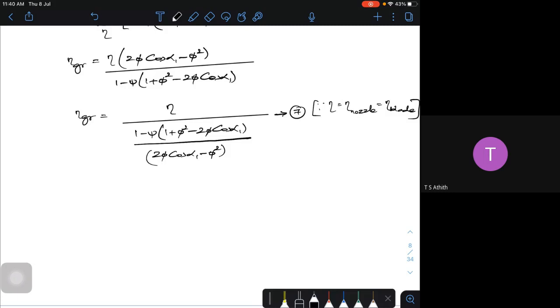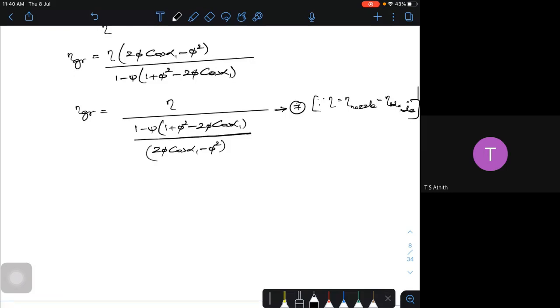For a given value of alpha, why is alpha taken as a constant? Because I don't want to see alpha depending on how you are deflecting your jet to the next stage or something.